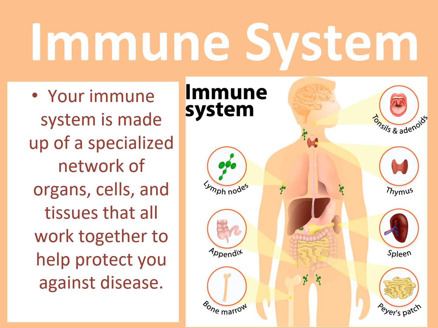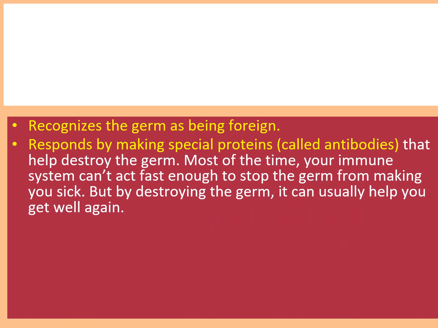And then if it doesn't know that invader, it has to learn that invader so that it will protect you the next time. The immune system recognizes the germ as being foreign. So it's like, hey, you're a bad guy. You don't belong here. Then it responds by making these special proteins called antibodies that help destroy that germ.